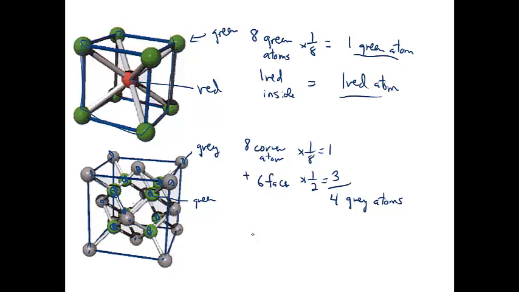And so that's a total of 8 green atoms times 1, because there's 1 green atom inside for every atom because they're all inside, so that equals 8 green atoms. And so this particular unit cell has 4 gray atoms and 8 green atoms. This unit cell has 1 green atom and 1 red atom.